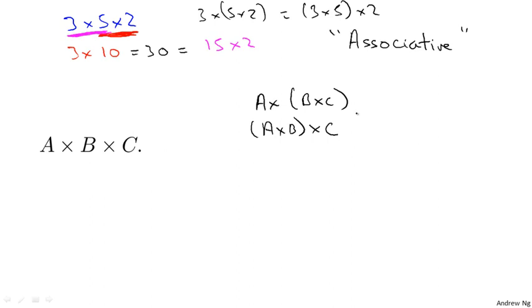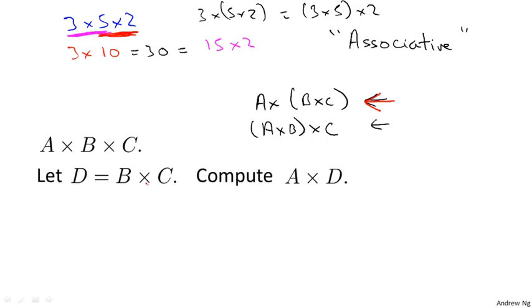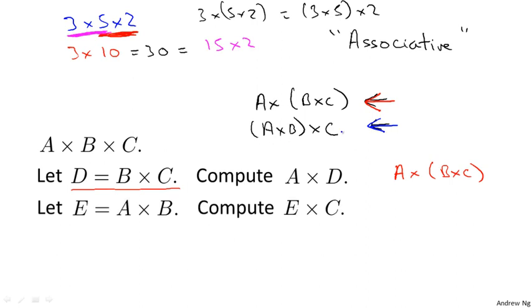So just to be clear what I mean by these two cases, let's look at the first one. If you actually want to compute A times B times C, what you can do is first compute B times C, so let D equal B times C, then compute A times D. And so this is really computing A times B times C. Or, for this second case, you can set E equal to A times B, then compute E times C, and this is then the same as A times B times C. It turns out that both of these options are guaranteed to give you the same answer.